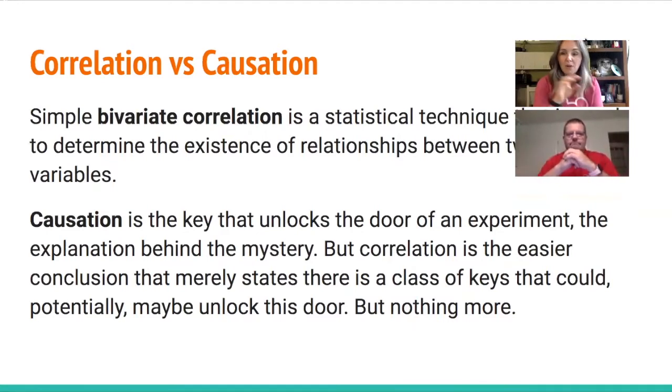So then causation is the key that unlocks the door of the experiment, the explanation behind the mystery. These are correlated with each other, here's the cause over here. Think of correlation like a class of keys, and causation is the specific key you're looking for.